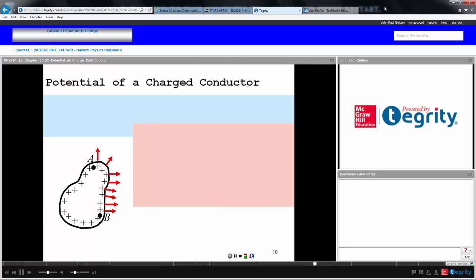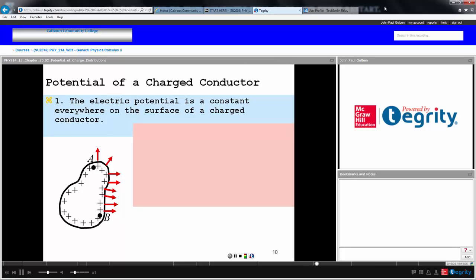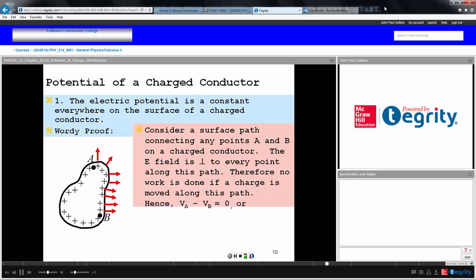Potential of a charged conductor. Here are a few ideas about a charged conductor. The electric potential is a constant everywhere on the surface of a charged conductor. How is that possible? Well, we know that this charge is going to accumulate everywhere on the surface, and the E field will be perpendicular to that surface everywhere.